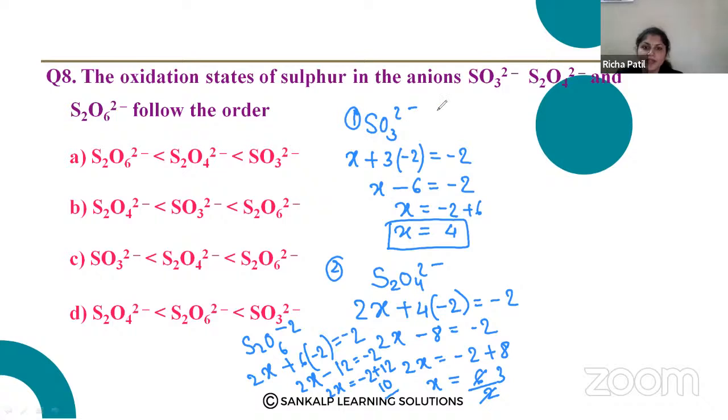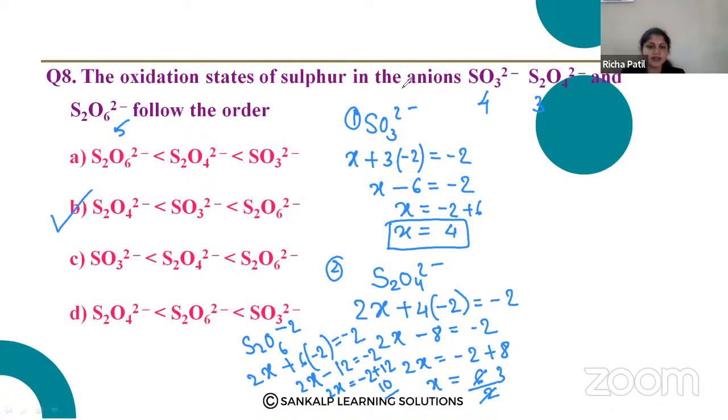So for these, it is 4, 3, and 5. So which is greater? S2O6 is greater than this. So the correct answer is B. The correct answer is B.